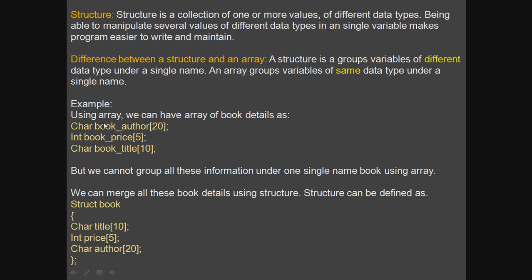Then book price: the array here is of integer type, and the index size is 5, so this will create 5 array elements, or 5 variables, to store the price of 5 books.